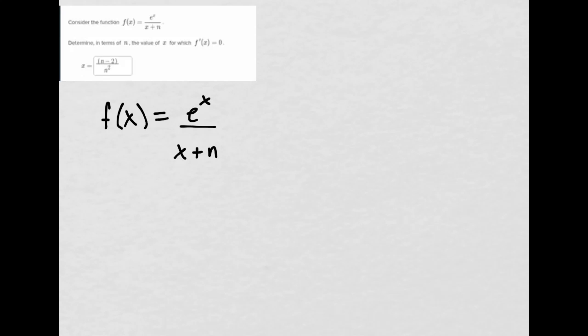Okay, so let's find f prime. That's our first task. If we find f prime, we have to use the quotient rule. So f prime of x is low d high times the derivative, so the bottom times the derivative of the top. Low d high minus high, which is e to the x, d low.